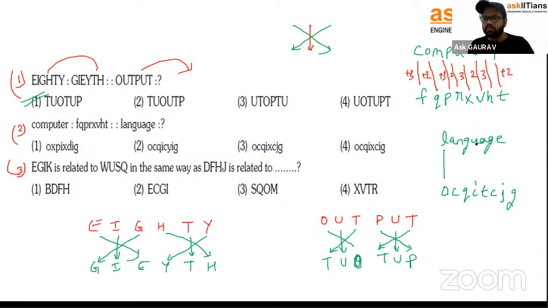G, H, I. U, V, W, X is there. So Q, C, I, X, C, J, G. Which option? Okay. The third option is right. Go for the question number third.